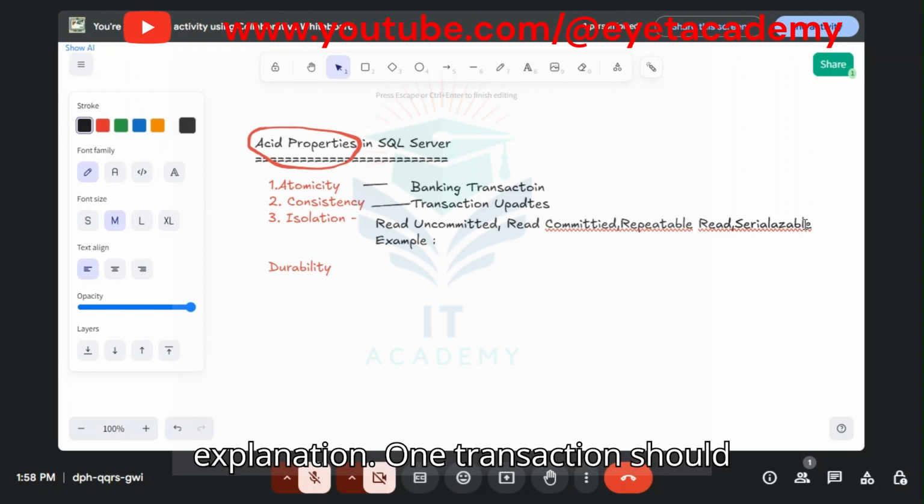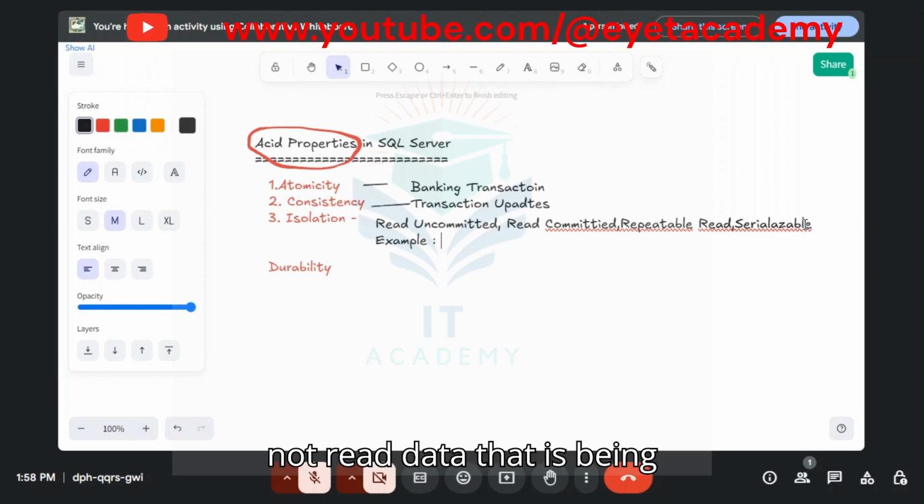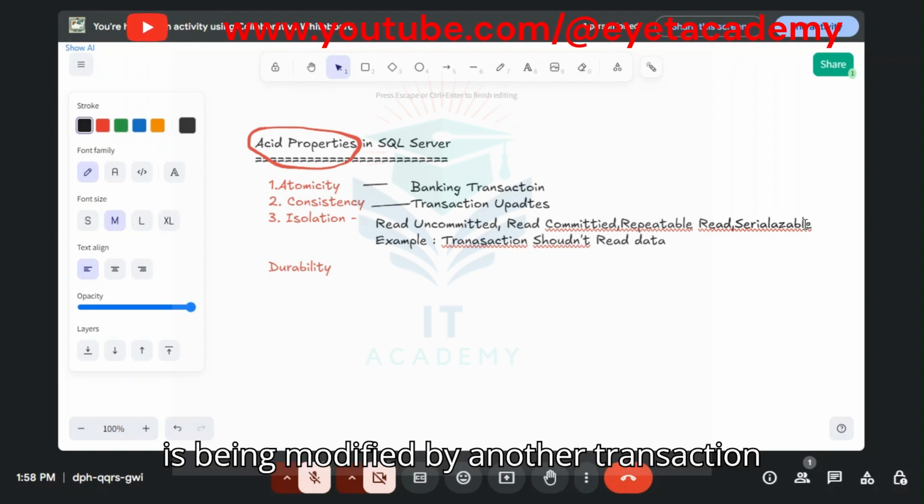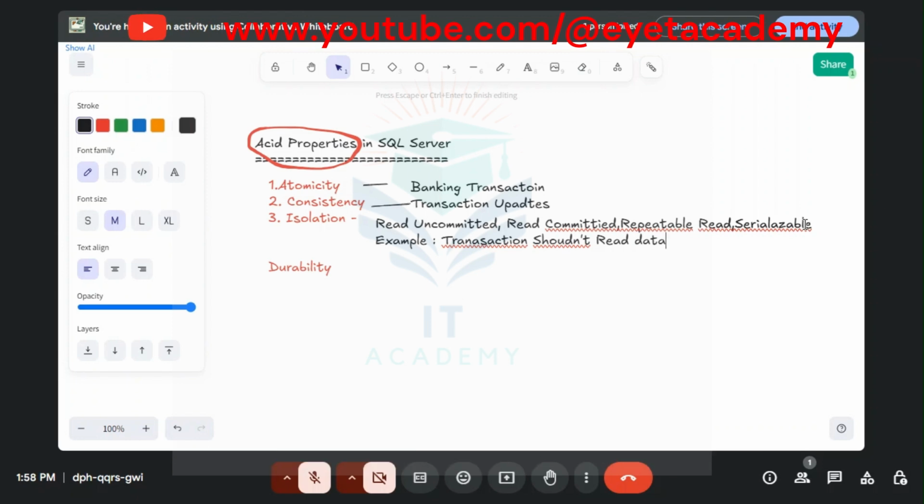Example explanation: one transaction should not read data that is being modified by another transaction until it is committed.